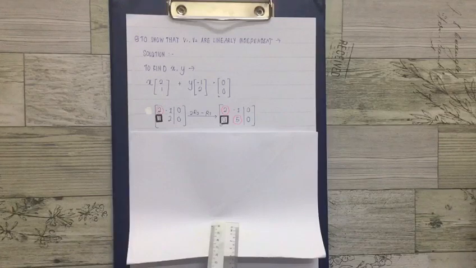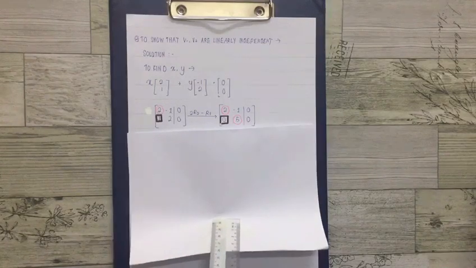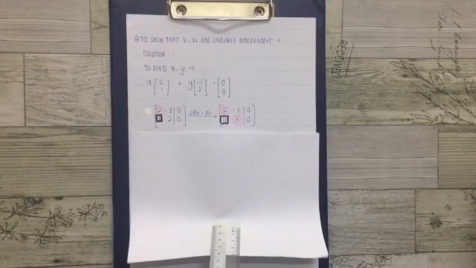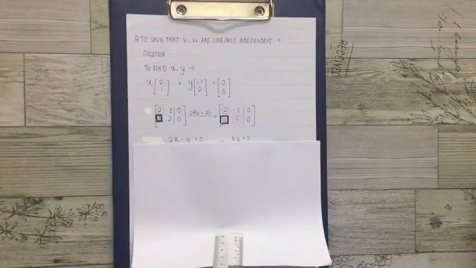We reduce to REF. We let 2 be a leading entry, and we have to make sure the entry below the leading entry must equal 0, and we get the REF form. Next, we need to find the scalars x and y.